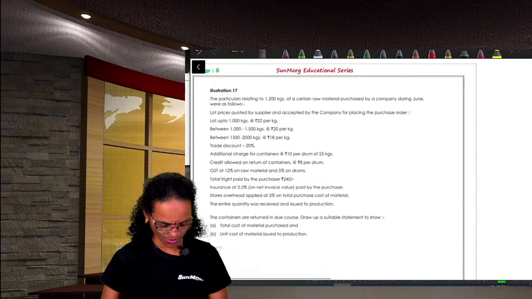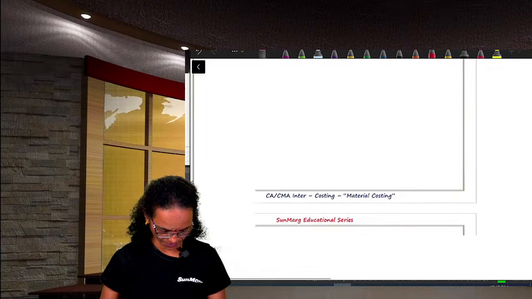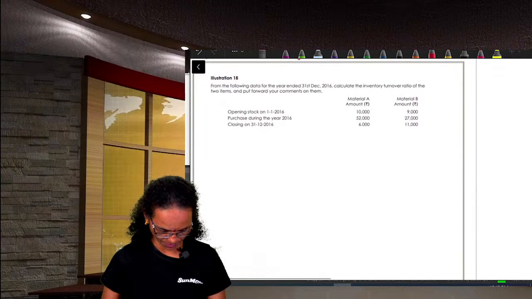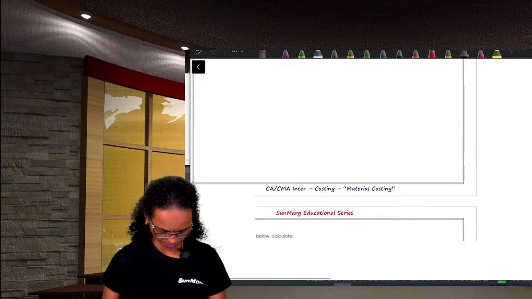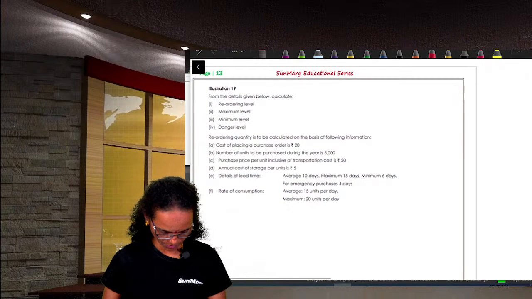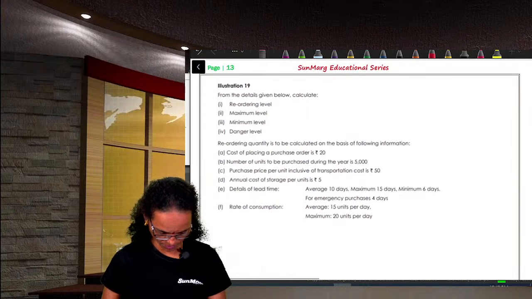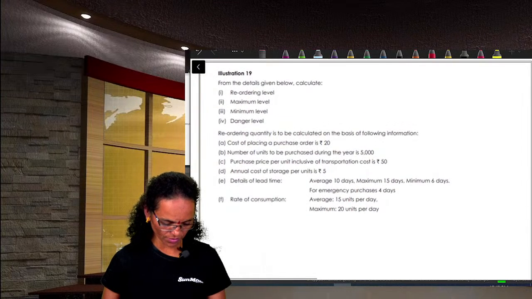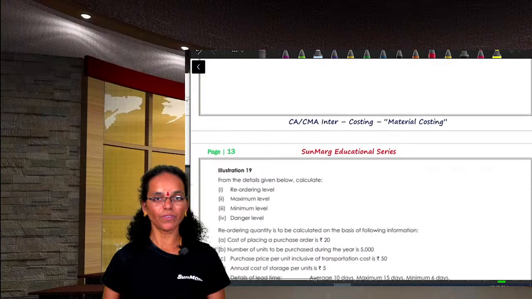Right, next problem. Reorder, maximum level, this type of problem we have already done.